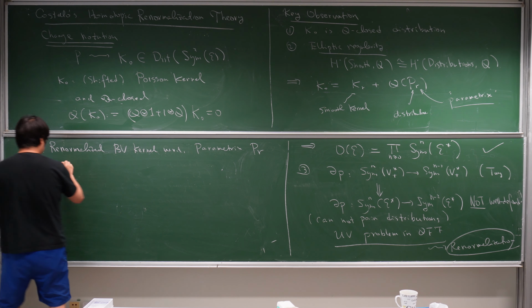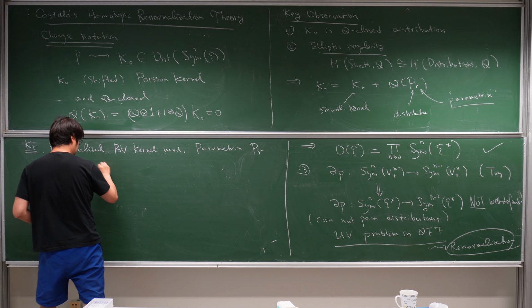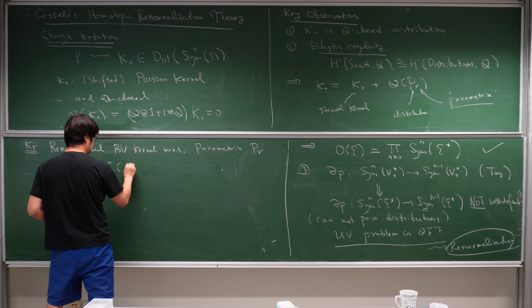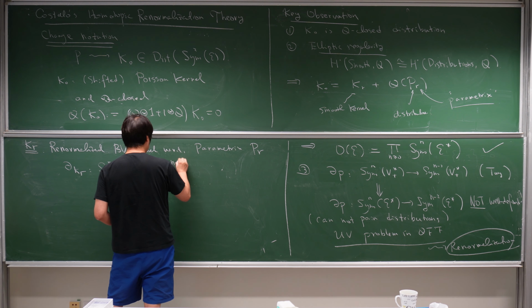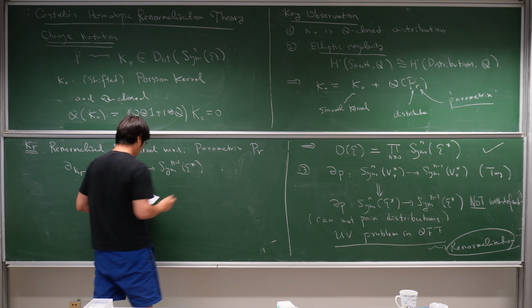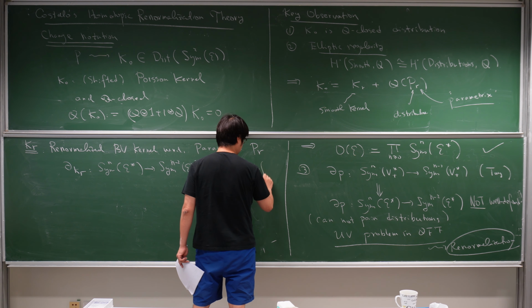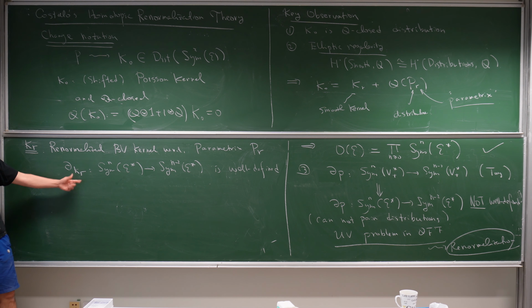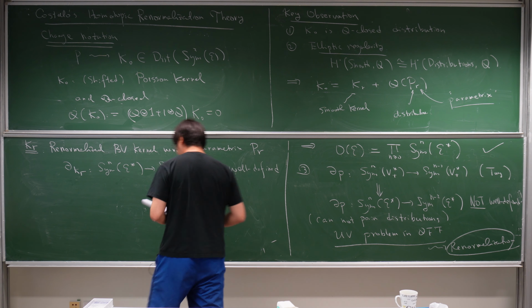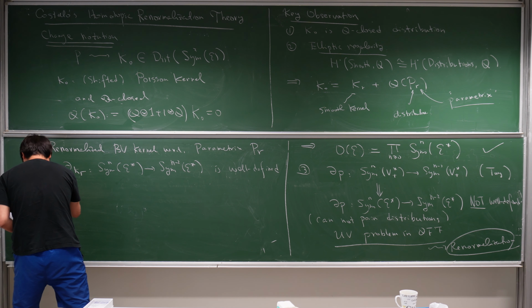Then we can define the second order operator by contracting with the smooth kernel. And this is now well defined, because now this is a distribution and this is a smooth thing. So you can pair a distribution with a smooth object. This is well defined. So extend this one to the function ring, and you get a BV operator.